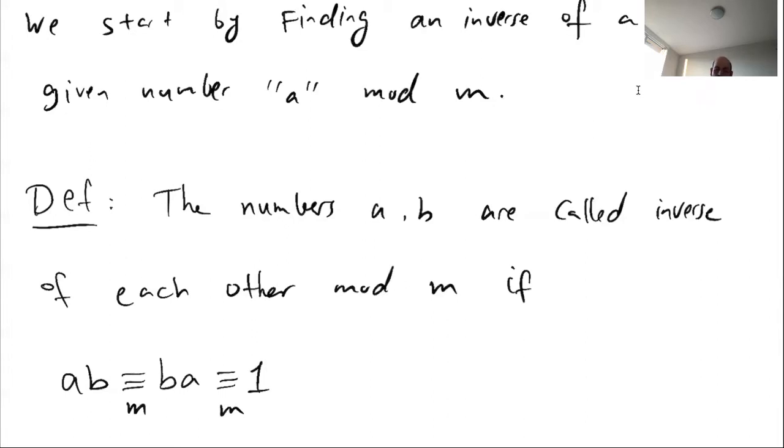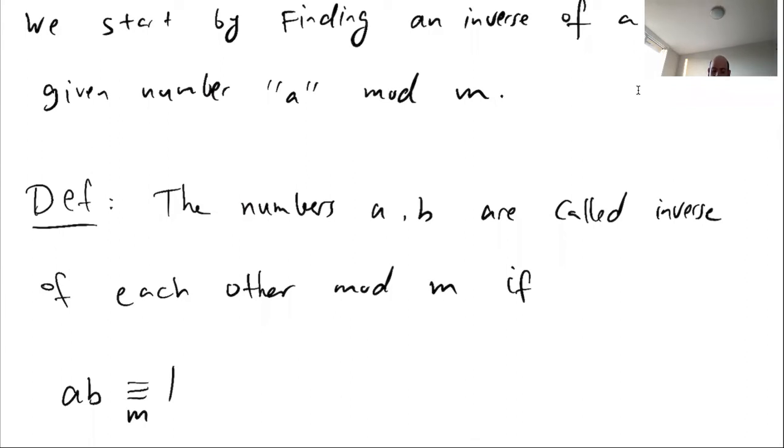Or, if AB is 1 mod M, of course BA is also 1 mod M, because AB is always equal to BA. So to make the definition simpler, I can just say AB is 1 mod M. This is a similar definition to what you know from middle school for the inverse of a number.